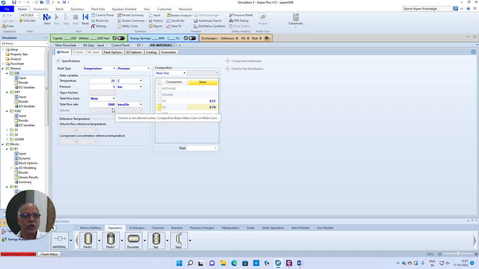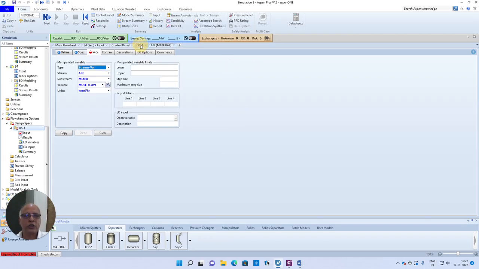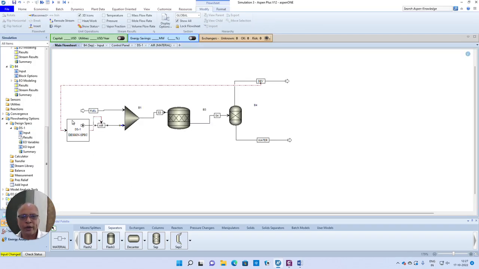We started with 3000 kilomoles per hour. It gave us some 655, so the excess air was too high. So probably we may have to reduce this air flow rate. Anyway, let me start with 1000 to maybe 3000. I expect the solution to lie somewhere in between. So with this, we can see what is going to happen to this design spec.